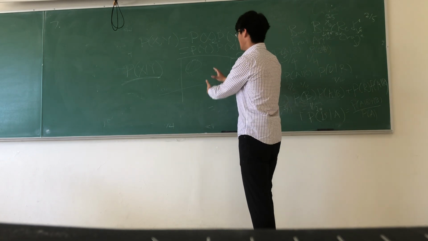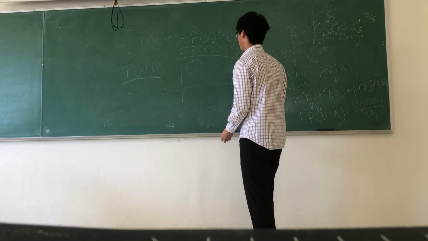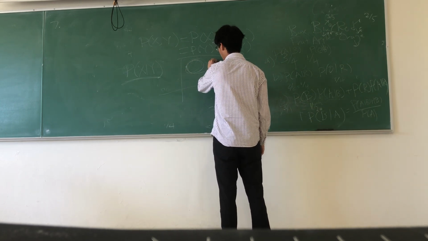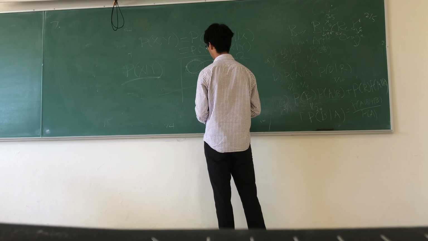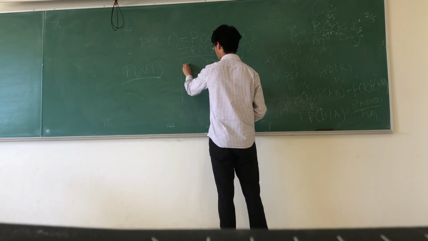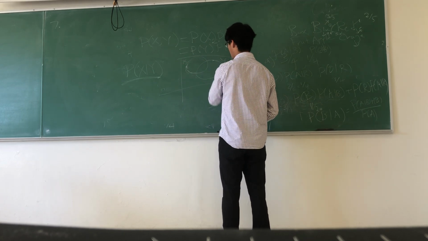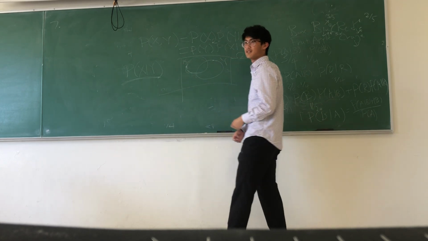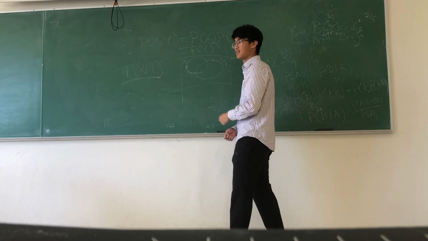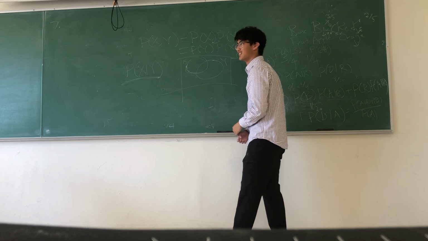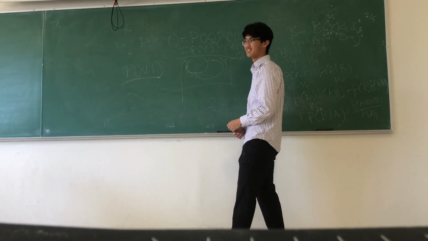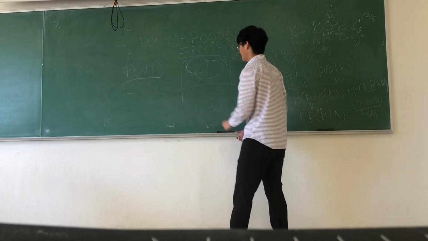Now say this is x and this is y. The probability of x and y is what? Not the union, that's x or y. X and y is just the intersection.